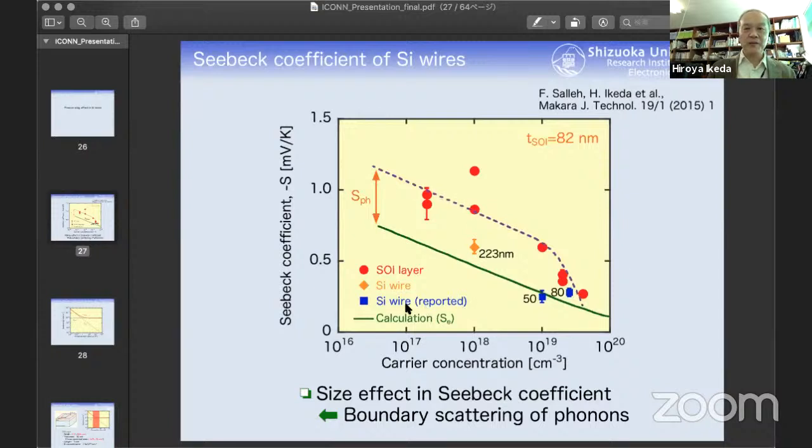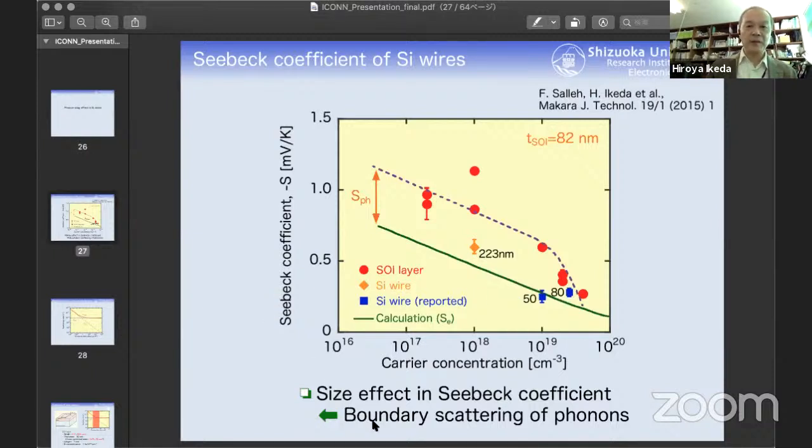And the reported values of silicon wires are very close to the calculation result of the electronic part. So we consider that the phonon drag component in the Seebeck coefficient decreases with decreasing width of the wire.